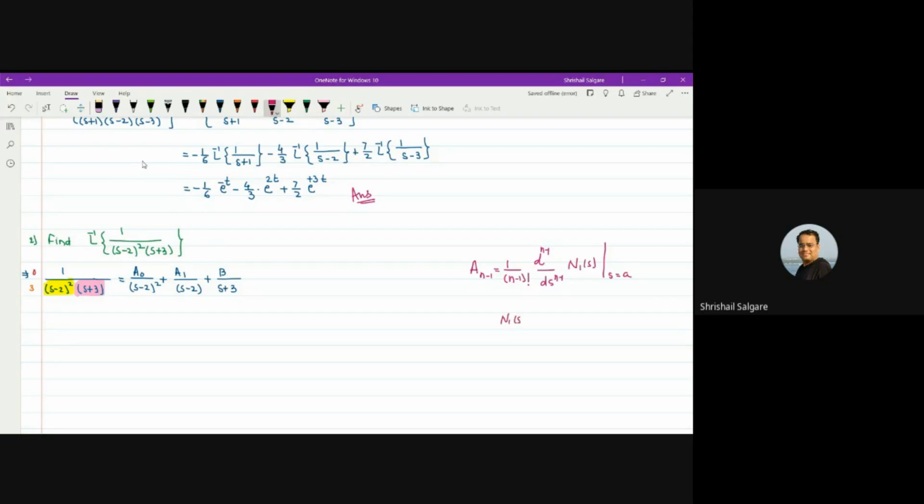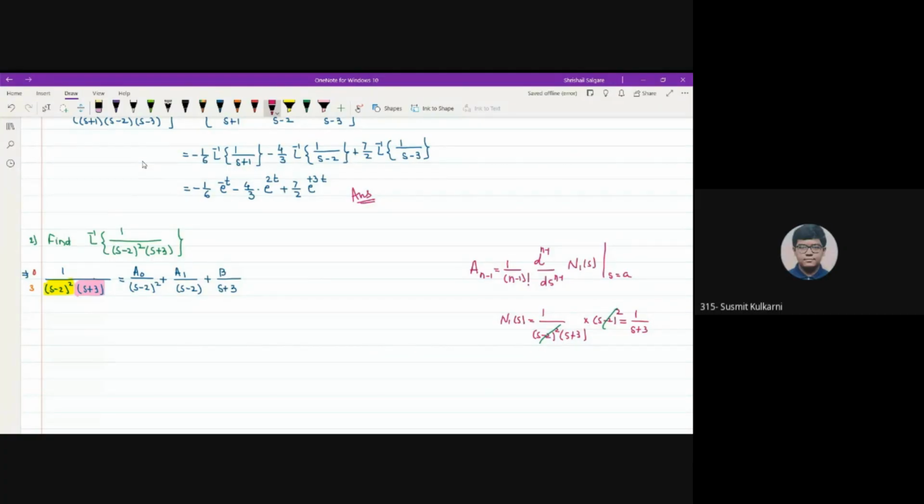For our example, n1(s) is given by the given function 1 upon (s minus 2) bracket square into (s plus 3), multiplied by that factor, that means (s minus 2) bracket square. You can notice that this n1(s) is 1 upon s plus 3.